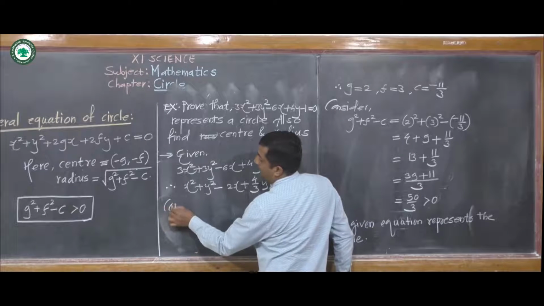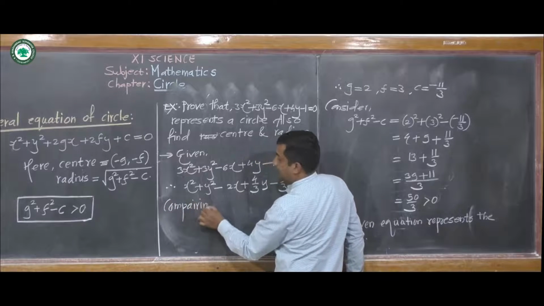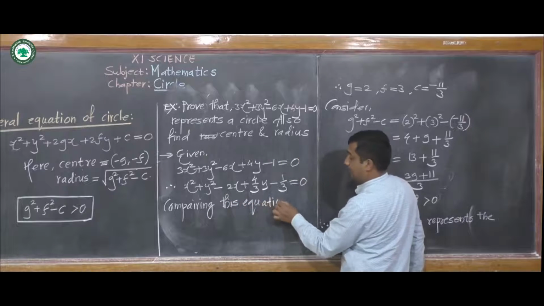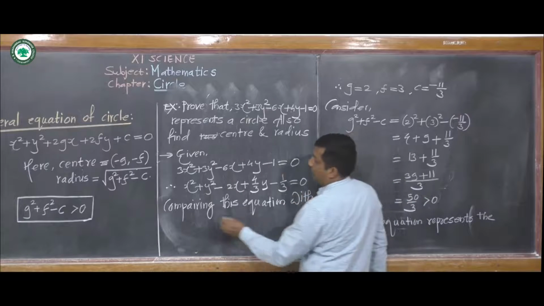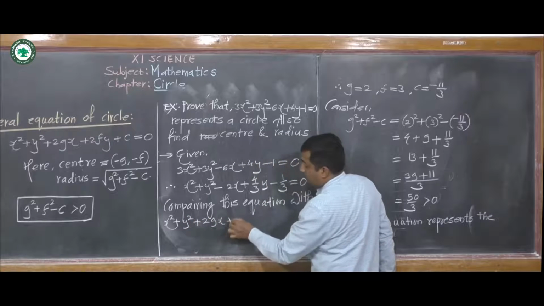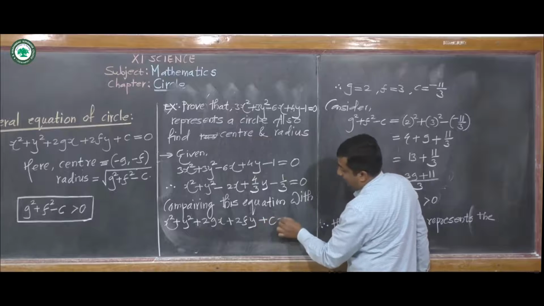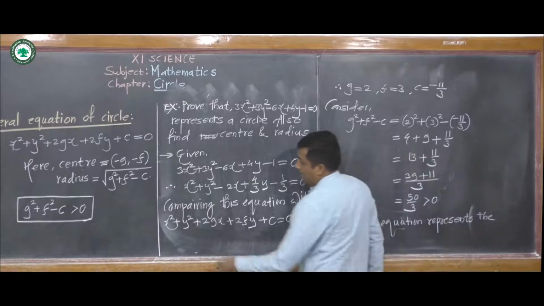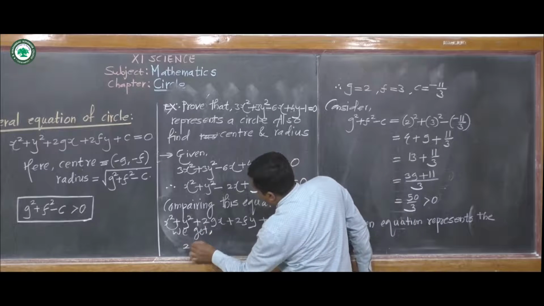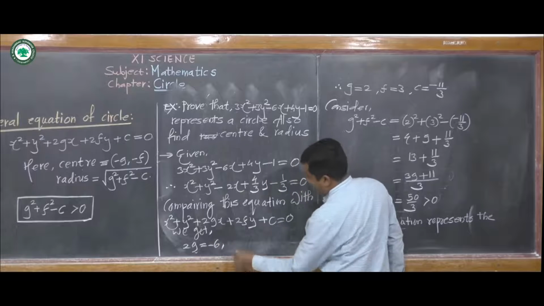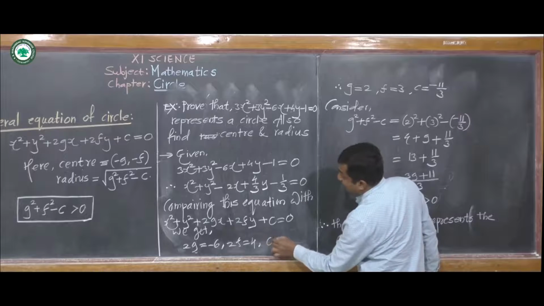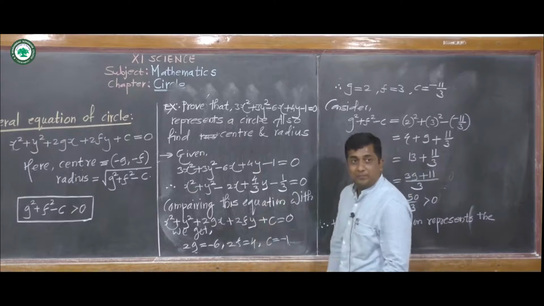So here we compare this equation with x square plus y square plus 2gx plus 2fy plus c is equal to 0. We get 2g is equal to minus 2, 2f is equal to 4 by 3 and c is equal to minus 1 upon 3.